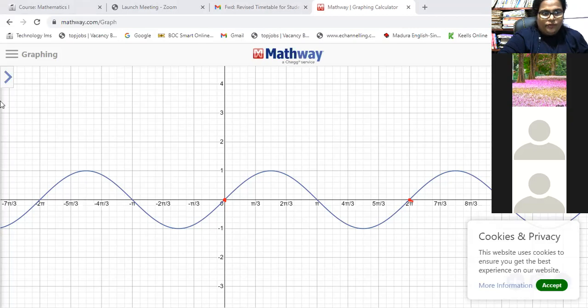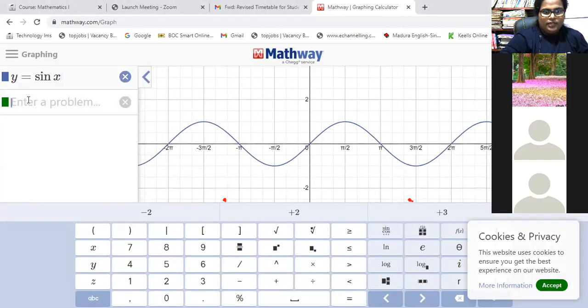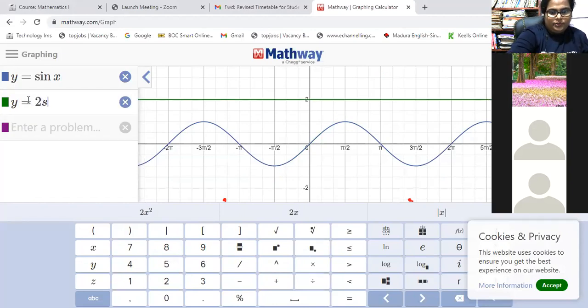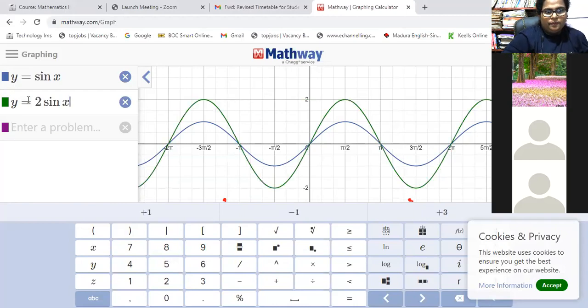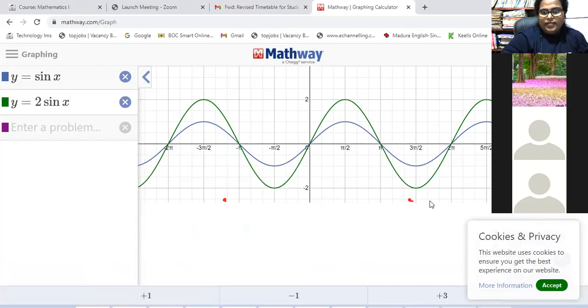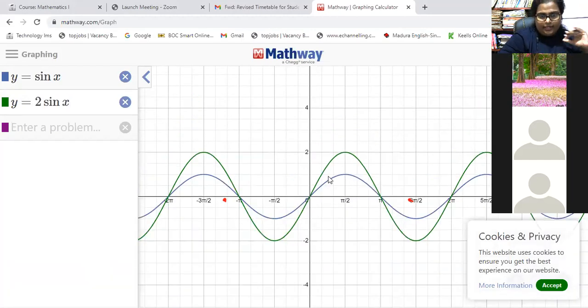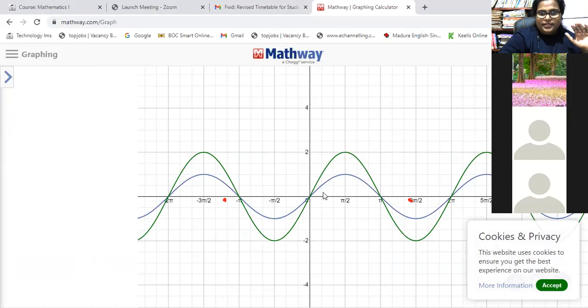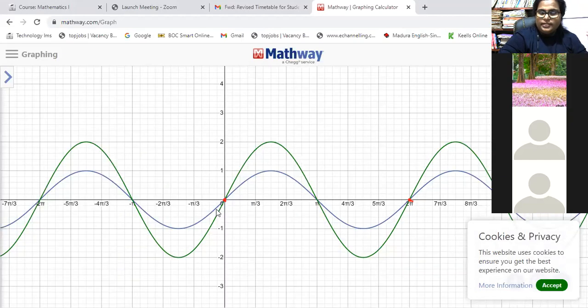When we plot y equals 2 sin x on the same graph sheet, you can see what happened here. What happened to the sine graph? Its amplitude, what we call the distance, is doubled. You know that the sine graph always vibrates between -1 and +1.